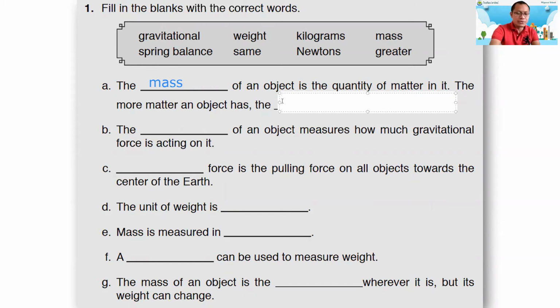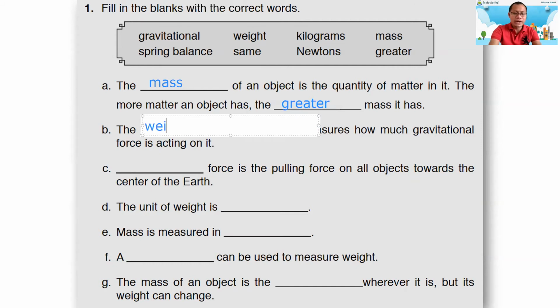Of course, greater. Letter B. The blank of an object measures how much gravitational force is acting on it. What is it? Yes, that's right, it's the weight of an object.